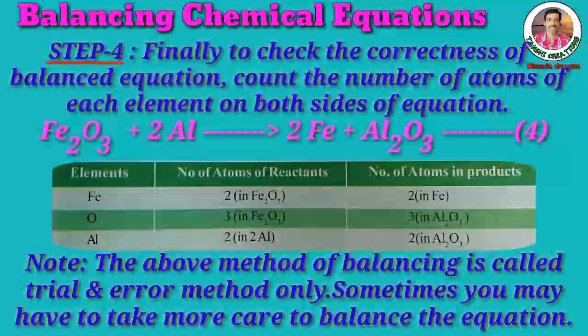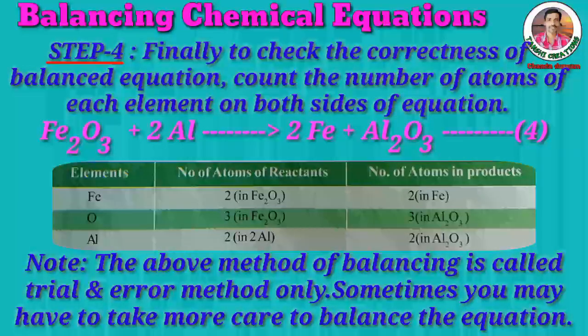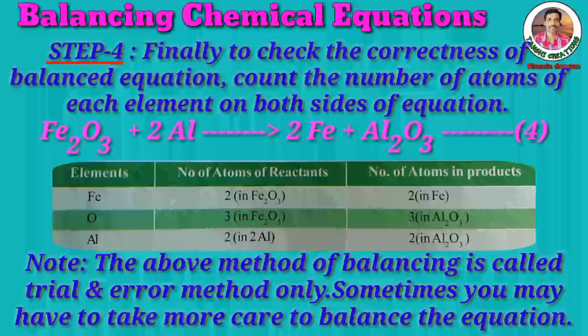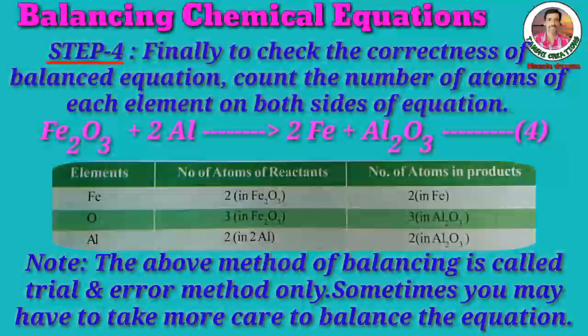Children, observe the table carefully. The number of atoms of reactants and the number of atoms of products are equal. The above method of balancing is called the trial and error method. Sometimes you may have to take more care to balance the equation.